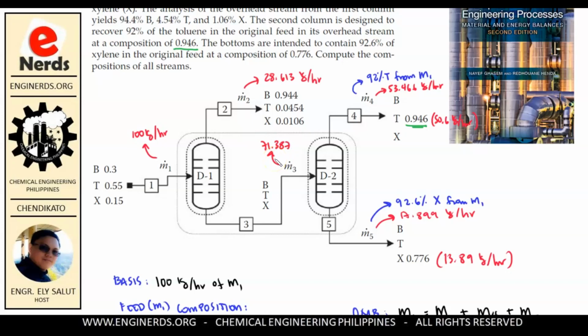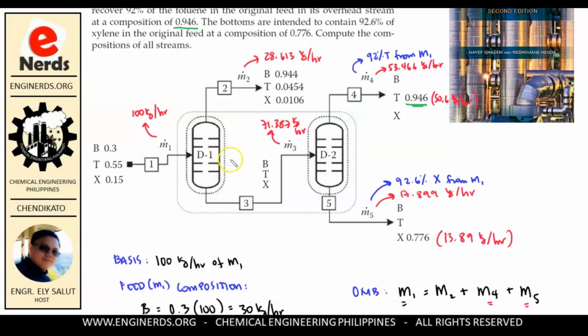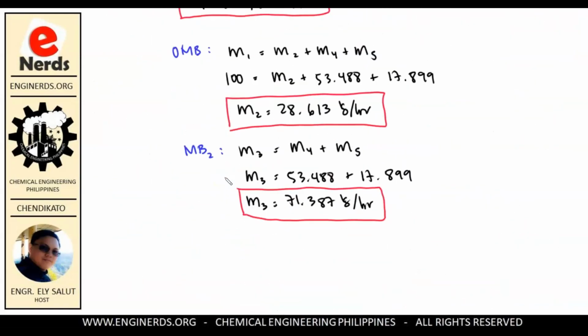Okay, so alam na natin yung mga values ng ating streams. So ang kailangan natin ngayon malaman is yung ating mga components. So we know the value of our M2 at ang mass fractions ng bawat component niya dito sa M2. So let us write this down para ma-compute natin ang kanilang values.